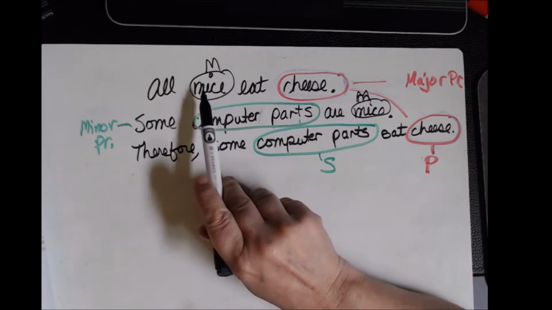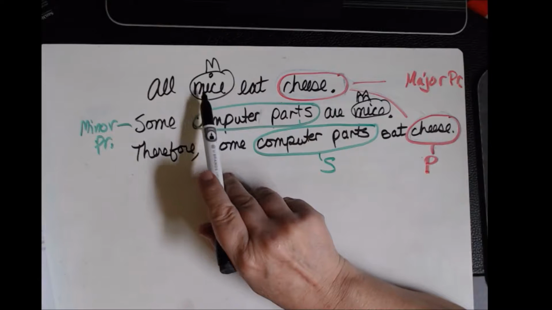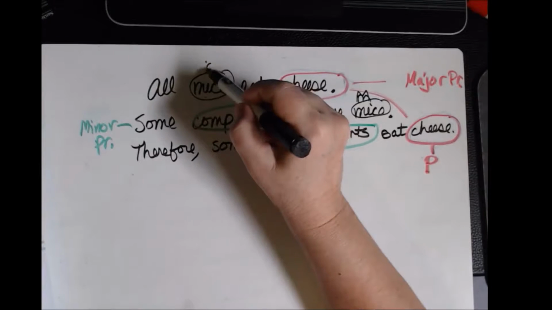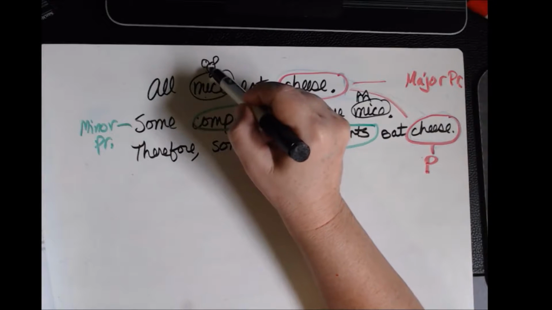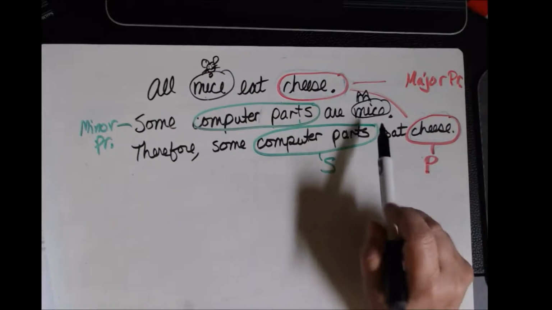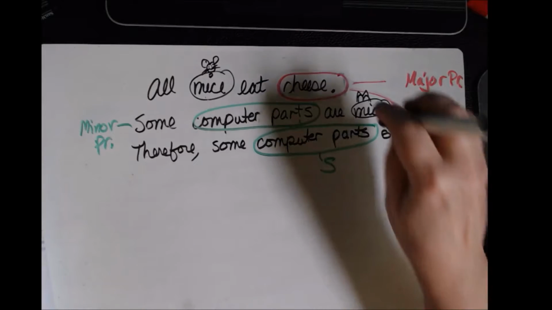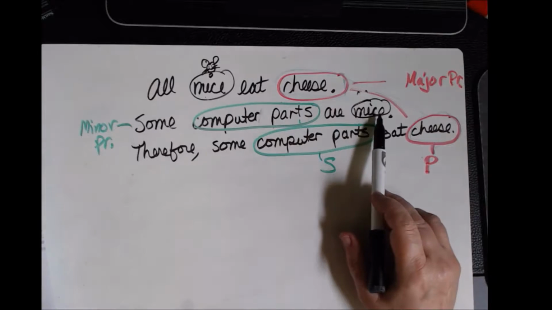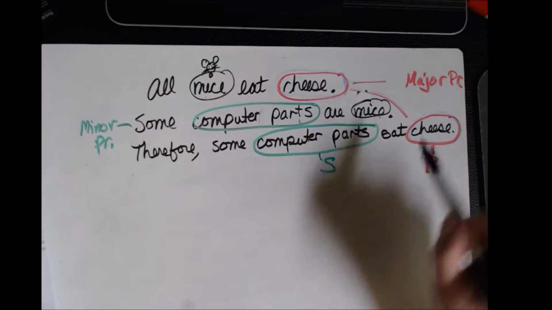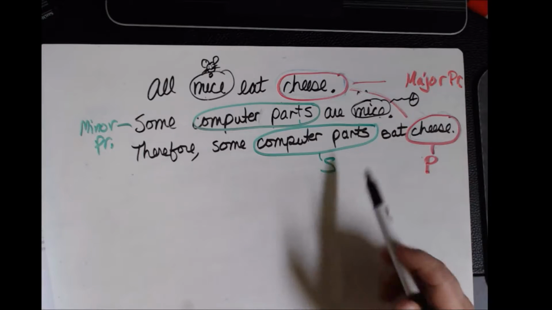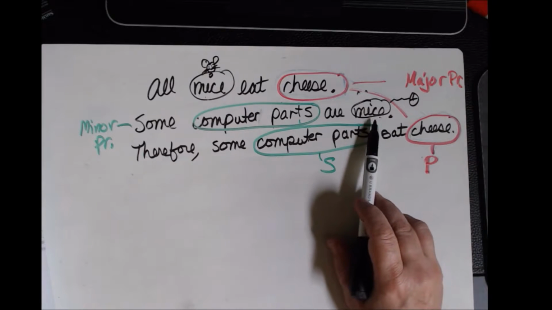Come up here and look here. Mice eat cheese. The mice here, well, this is mice as in little animals, right? But what about this? Here, is it referring to mice as in the little squeaky animal with whiskers? It's referring to the little mouse pad from your computer. This is a case of equivocation.